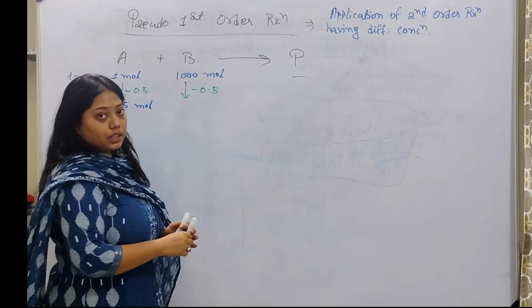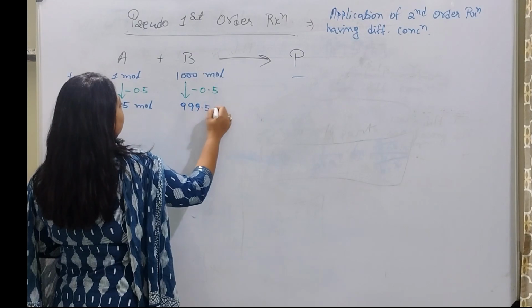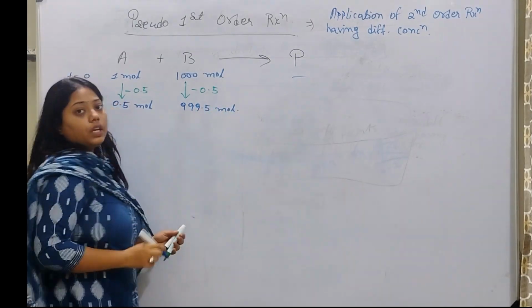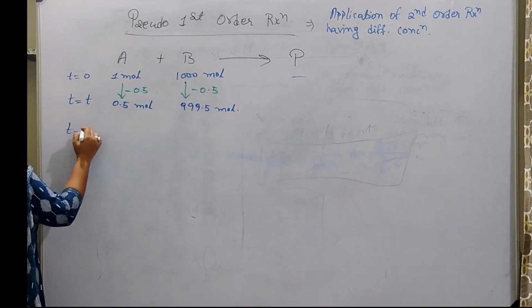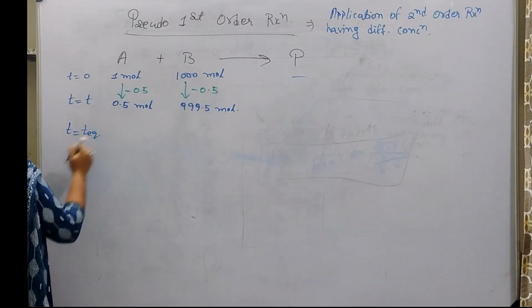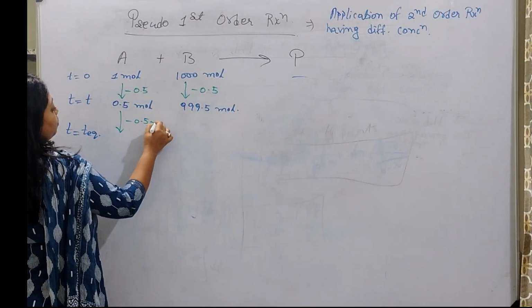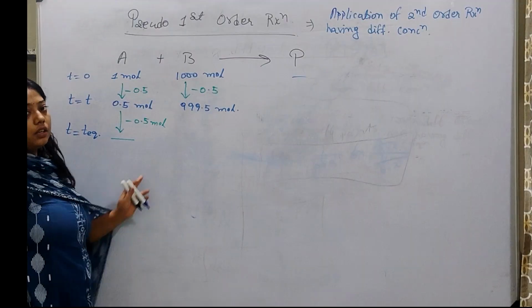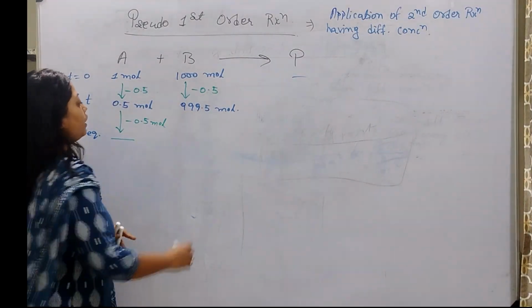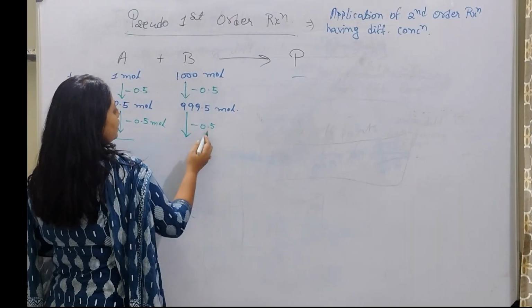So the unreacted part will be 999.5 mole. Okay. Now let's suppose at equilibrium, again 0.5 mole is consumed, and hence all the reactant A is consumed, and from B again 0.5 molar is consumed.